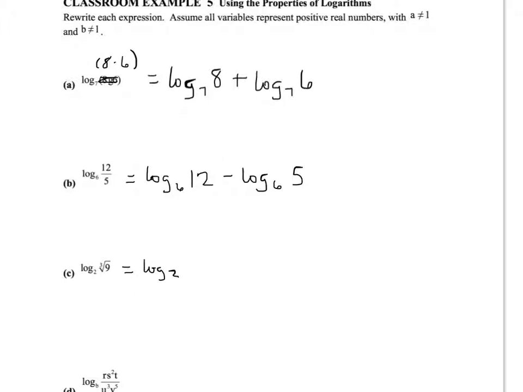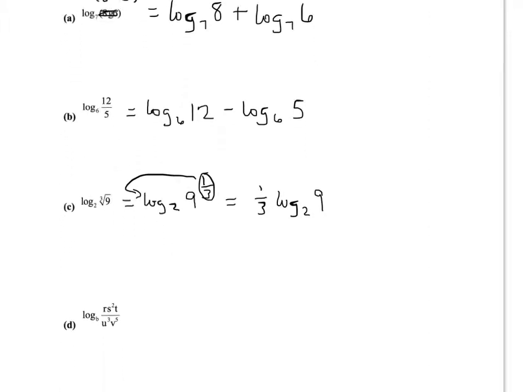If this is rewritten as log base 2 of 9 to the 1/3 power, now I see a rule I can use, because if I have an exponent on the argument, remember that power rule tells me I can pull it down in front and multiply it times the logarithm. So it would become 1/3 times log base 2 of 9.